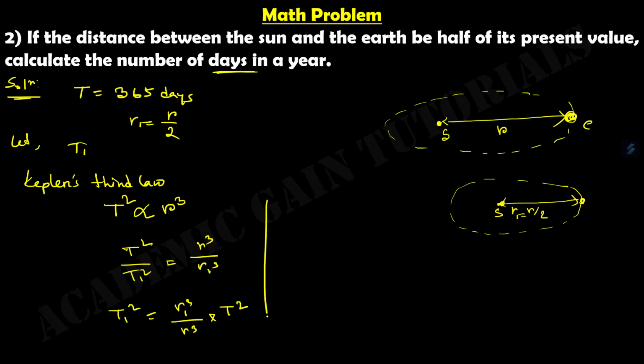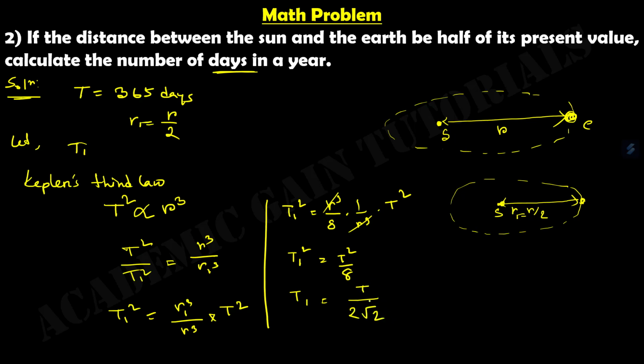Since r1 is r by 2, we get r cube by 8 into 1 by r cube into T square. If I cancel this, then t1 square equals T square by 8, or t1 equals T by 2 root 2.